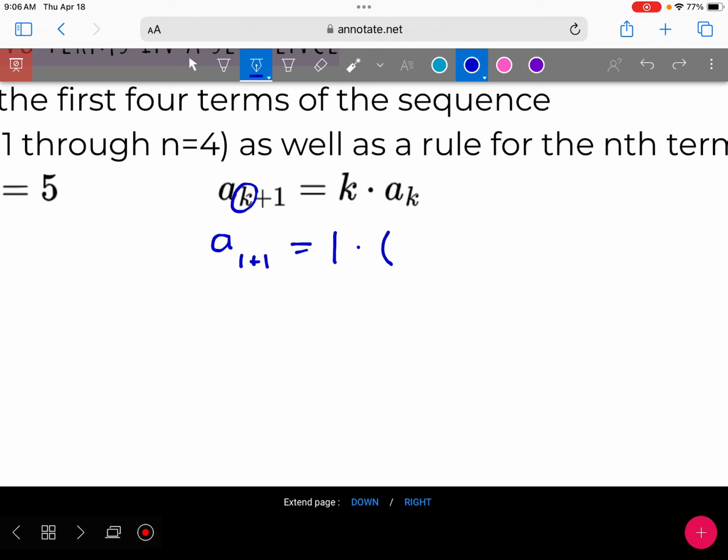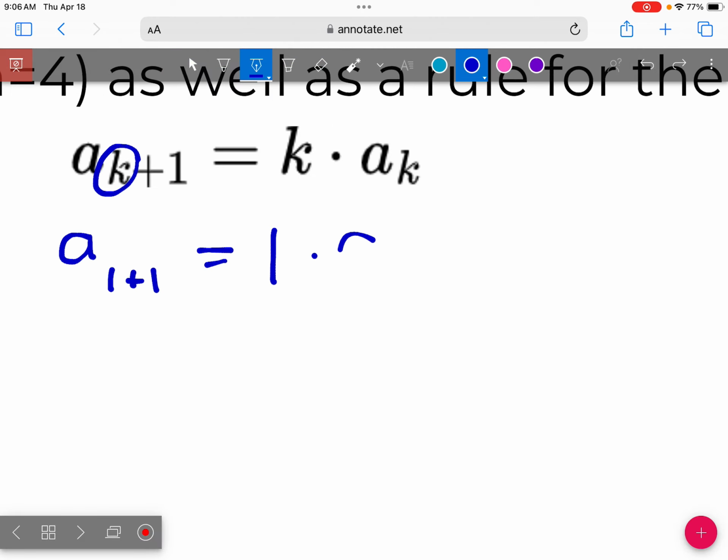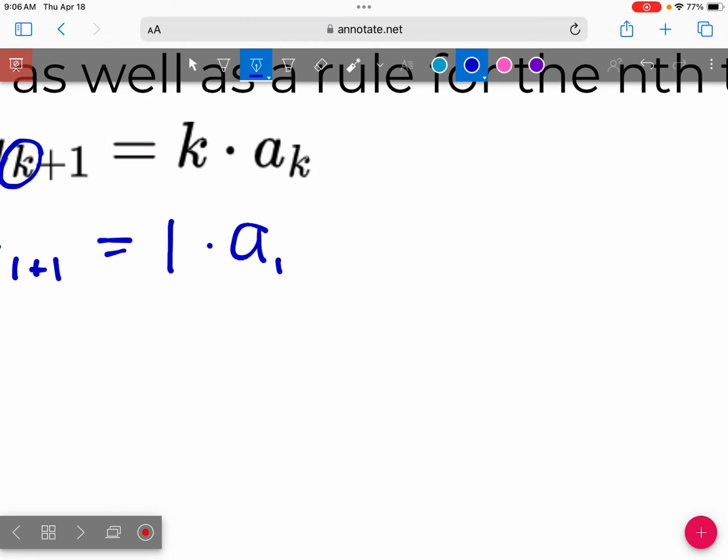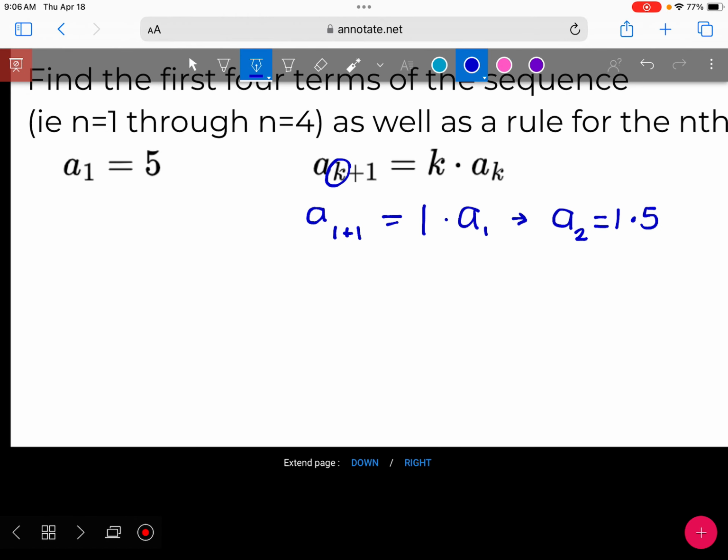Or actually, I was writing it a different way yesterday, so let me write it the same way. A sub 1. Because then we can substitute this in, and we're going to get a sub 2 equals 1 times 5. What is 1 times 5? 5. Not a trick question. So a sub 2 also equals 5.